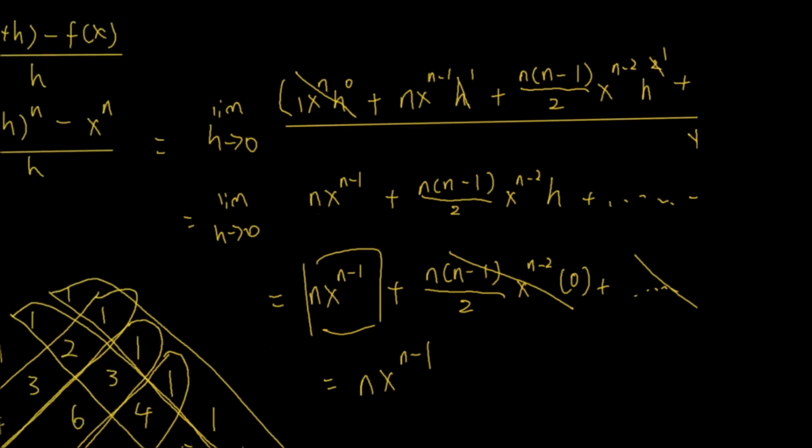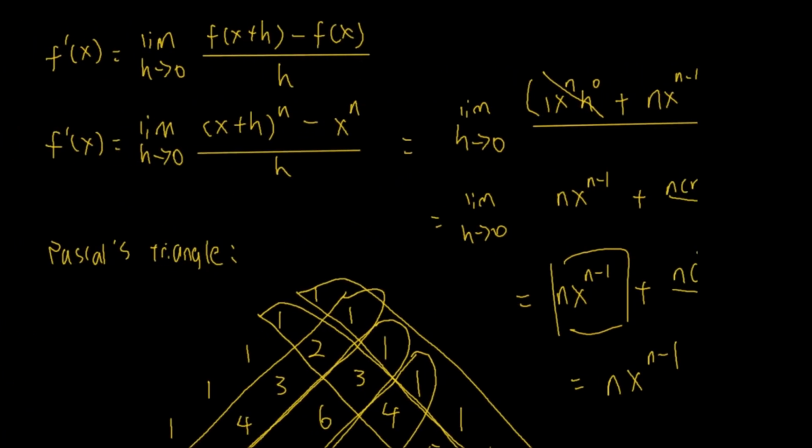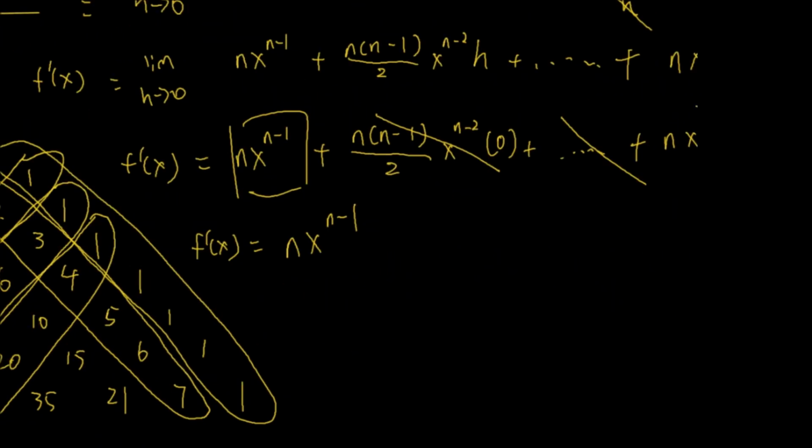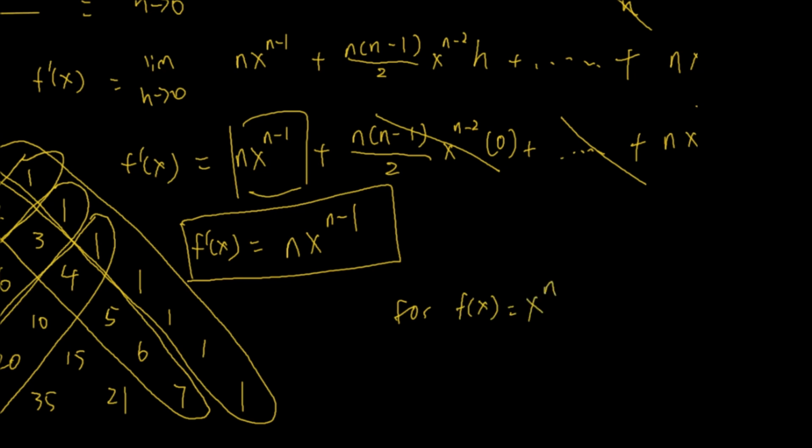And don't forget, this is equal to f prime at x, because I have been carrying f prime at x down like this, equals this and keep equaling. So this is f prime at x, f prime at x, f prime at x. So that is the derivation of the derivative for f at x equals x to the power of n.